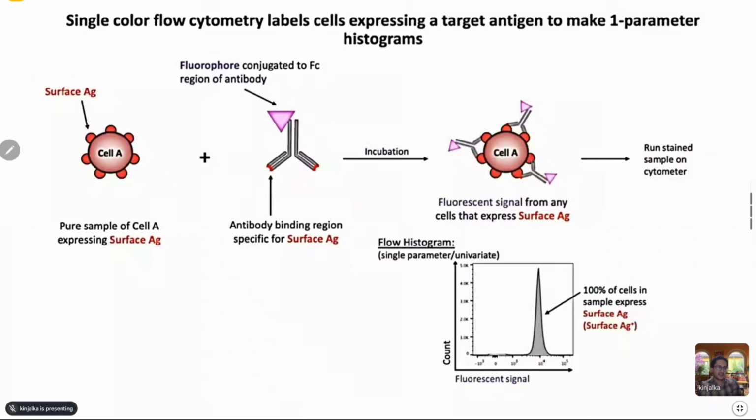Then, depending on the number of antibodies you're using, or multiplexing, you can have single color flow cytometry labels, where there's only one antibody, one color, and you're seeing how much of that molecule of interest is present. So the cells get tagged with the fluorophore-tagged antibody.